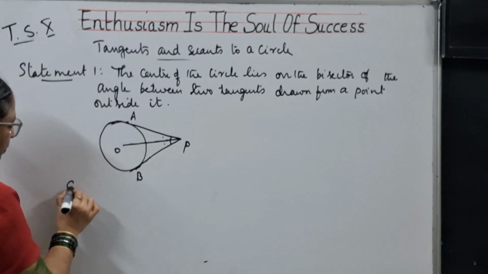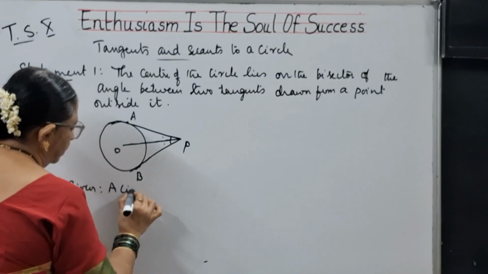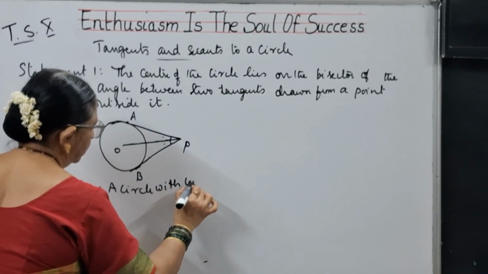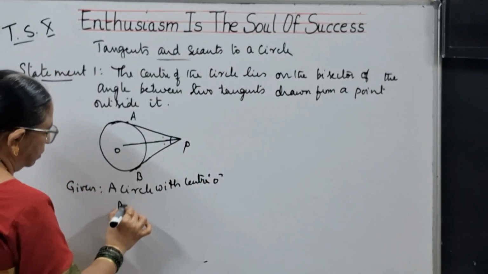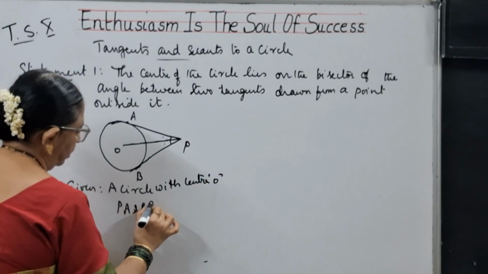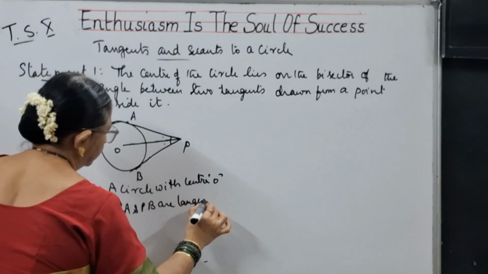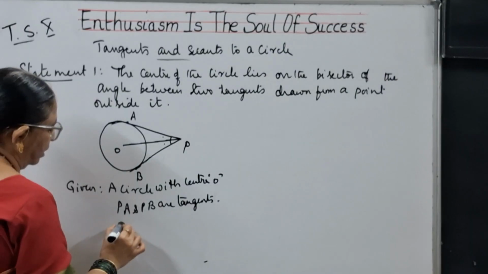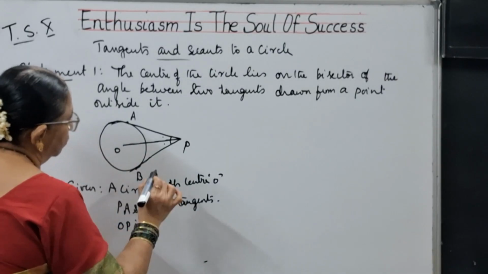So what is given to us? You have got a circle with center O and PA and PB are tangents. OP is, what is that?